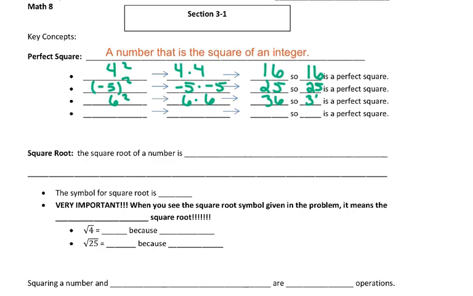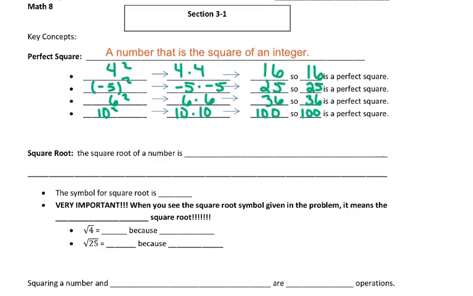So we say that 36 is a perfect square. And one more, 10 squared is equal to 10 times 10. And 10 times 10 is equal to 100. So 100 is a perfect square.